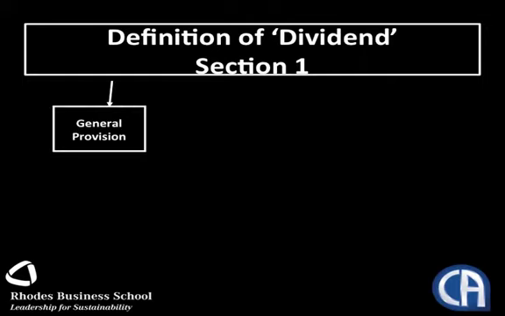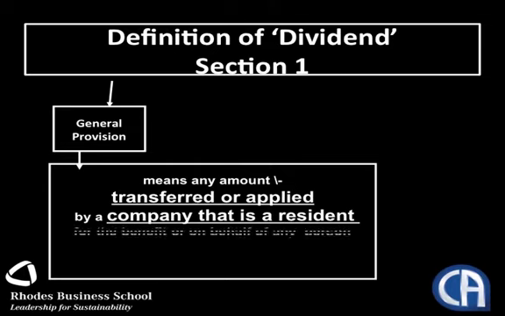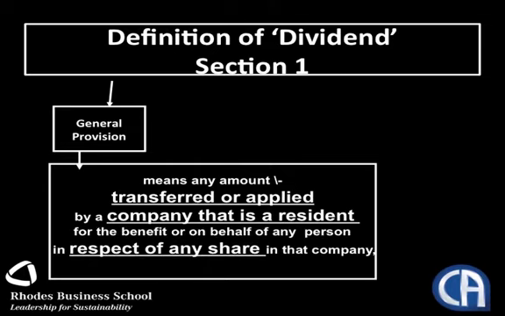And that says we have a general charging provision, which says it means any amount transferred or applied, not received or accrued, by a company that is resident for the benefit or on behalf of or in respect of any share in that company.